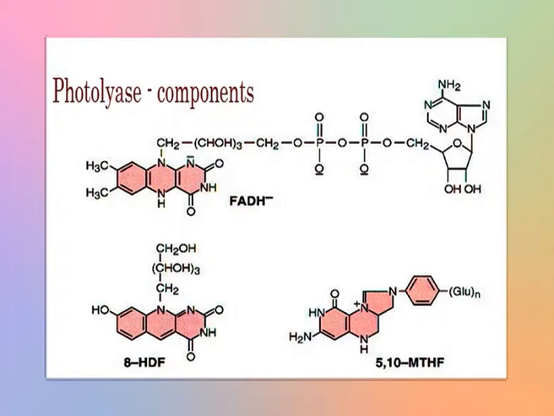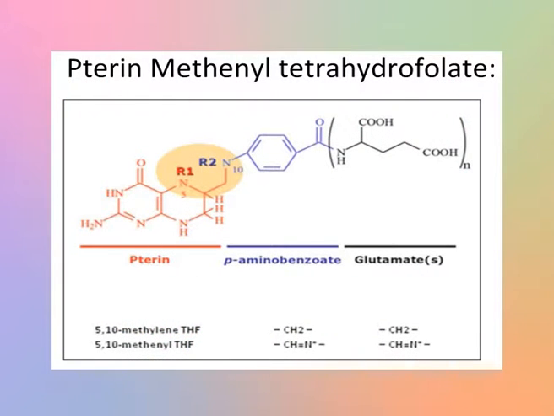Before going into the action, they have two light harvesting chromophores. One is constant, that is reduced FADH minus, that is FADH2. Another cofactor is variable, giving rise to different types of photolyase, maybe folate photolyase or deazaflavin photolyase.